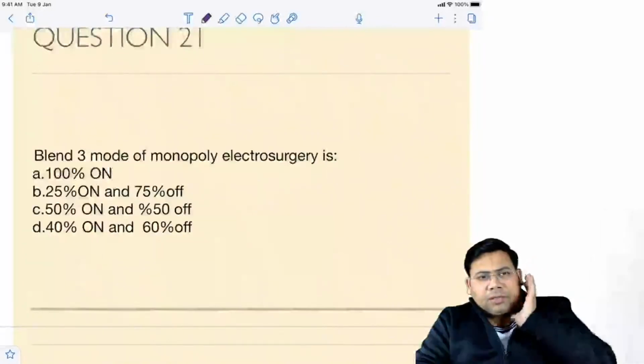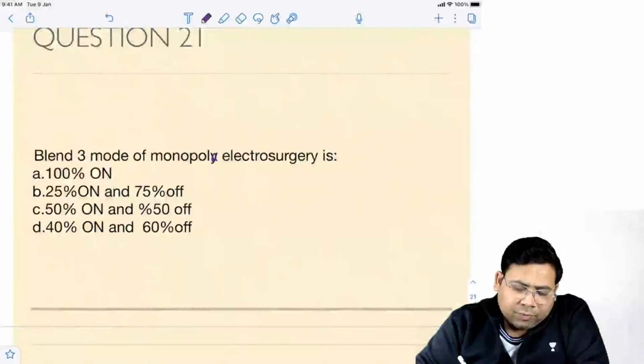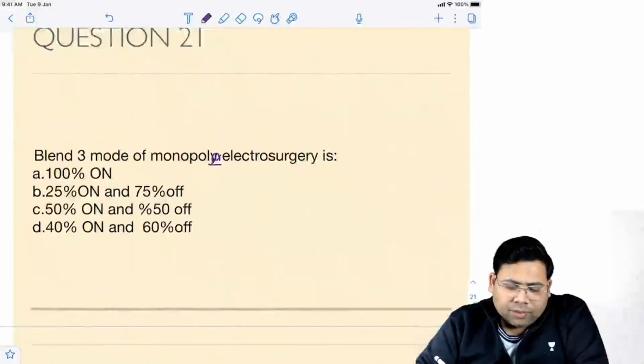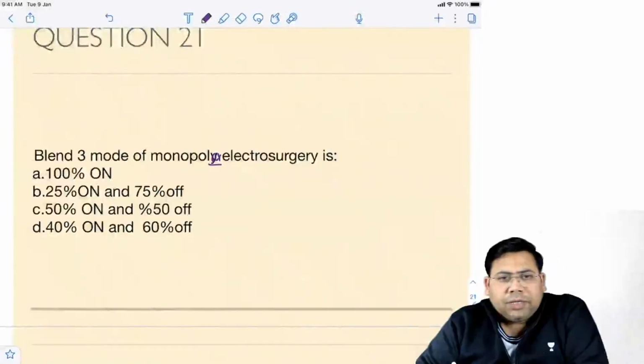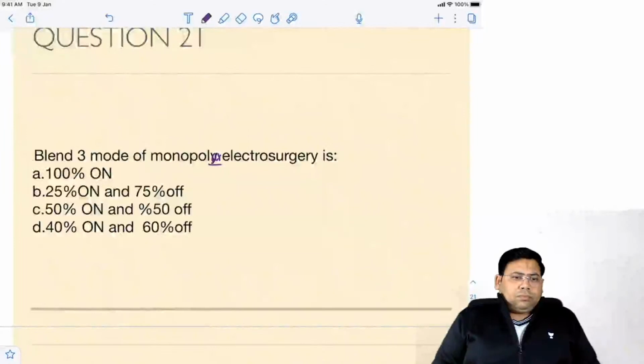Okay. Let us talk about blend mode 3 of monopolar electrosurgery. Blend mode 3, bata do bachche. It's very easy.